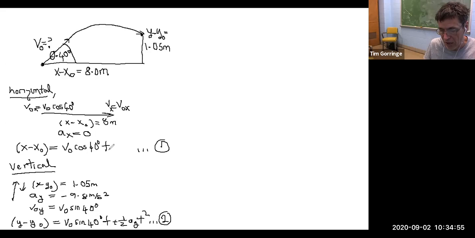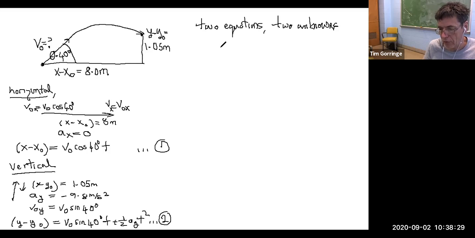And the elapsed time, that's also an unknown. And so now we're really faced with a mathematical problem: we've got two equations with two unknowns, v naught and t, and we want to solve them for the interesting unknown, v naught. So let's do that.